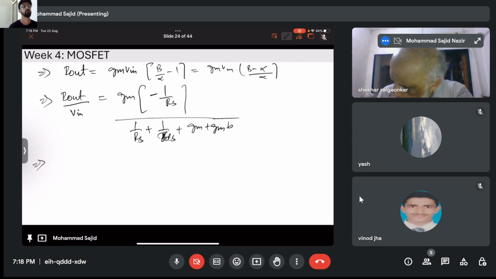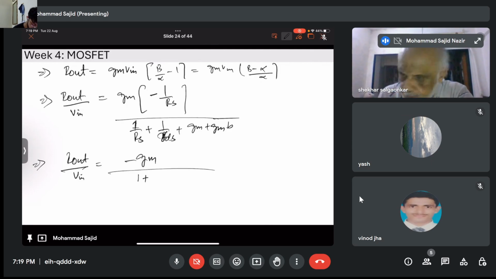Okay, this is my I output by V input, minus Gm. Denominator will multiply through by Rs. I will get 1 plus Rs by Rds plus Gm plus Gmb times Rs.